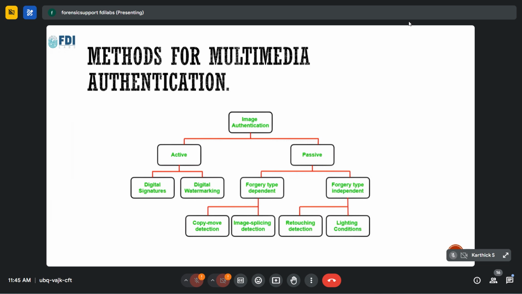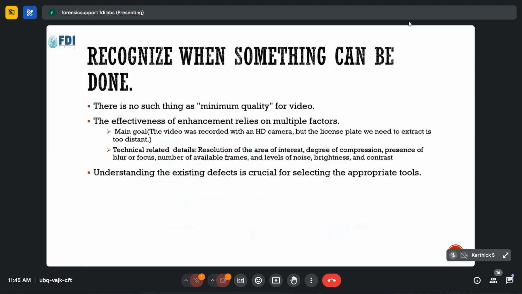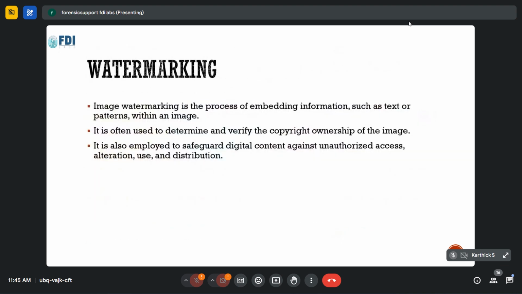These are the two types of active image authentication. So the first classic thing is watermarking, digital watermarking. I told you that these are subcategories, types of the active image authentication method.